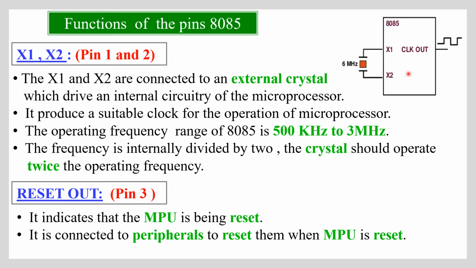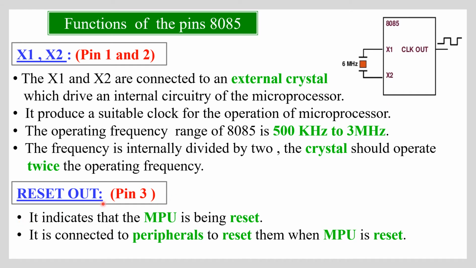If the microprocessor works on 1 megahertz, the crystal frequency should be 2 megahertz, twice the operating frequency. Clear? So X1, X2 is a crystal connected to pins 1, 2, and its frequency should be twice that of the microprocessor frequency. Clear?